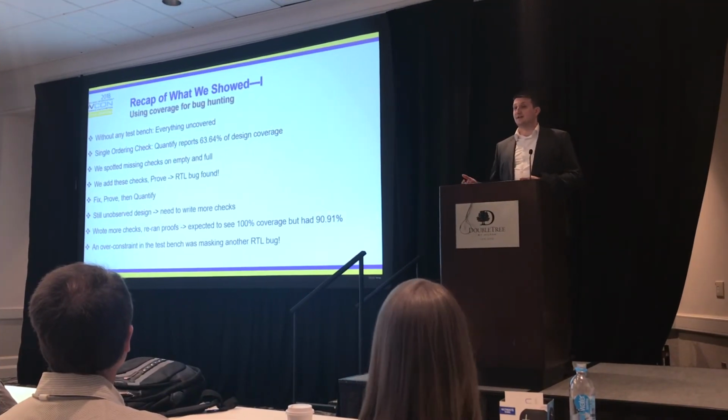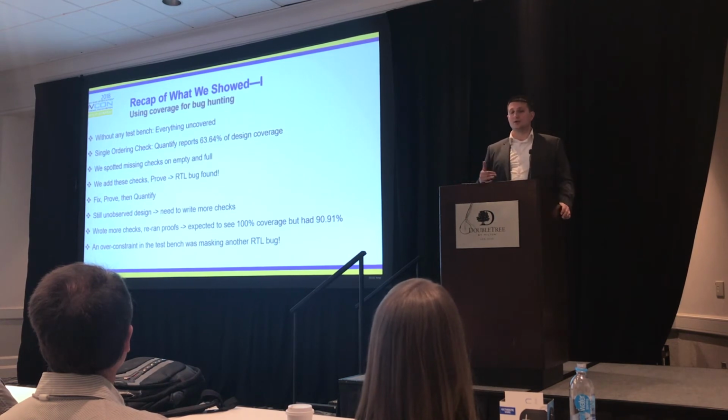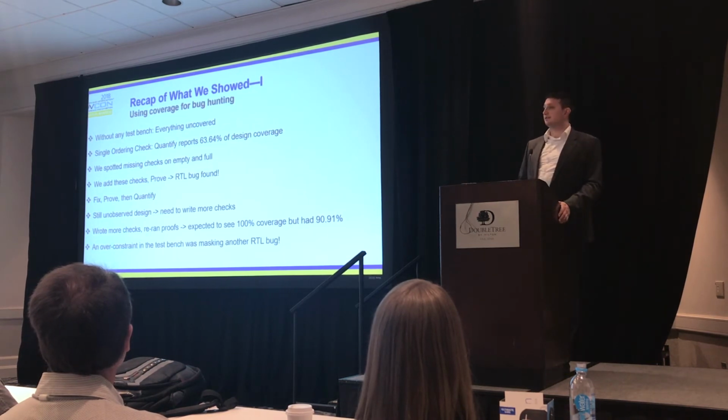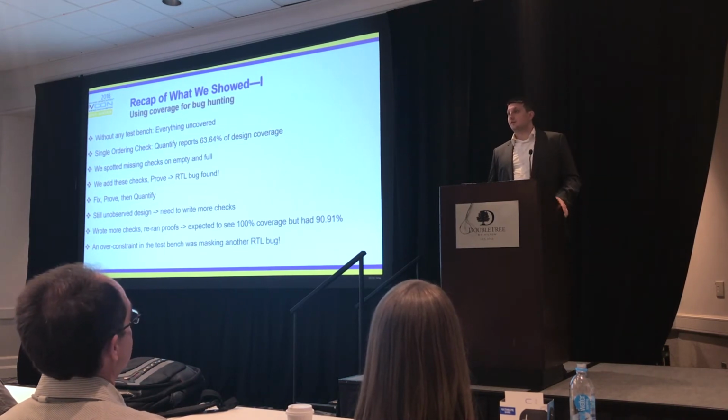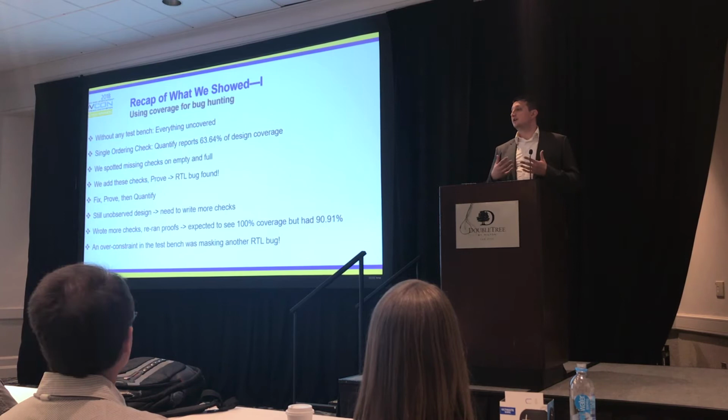Then we realized that the FIFO doesn't get empty, so we use quantify to target a piece of code and unearth a bug. We fixed that bug, quantified again, we still had unobserved statements. And then we added some more checks, and we finally got to the point where we needed to release our constraint because we were over-constraining our design, which was masking another bug.